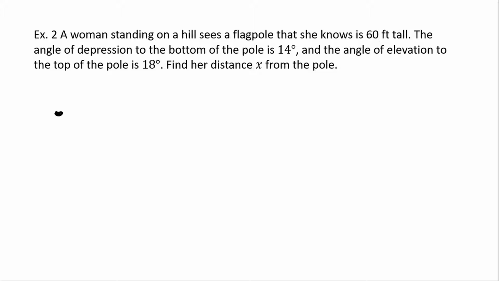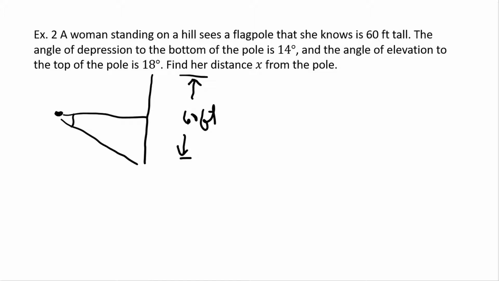So I'll let this dot be her line of sight, and she's on a hill, so we have a flagpole that is known to be 60 feet tall. Her angle of depression to the bottom of the flagpole from the horizontal is 14 degrees, and the angle of elevation from her line of sight is 18 degrees, and we want the length x.